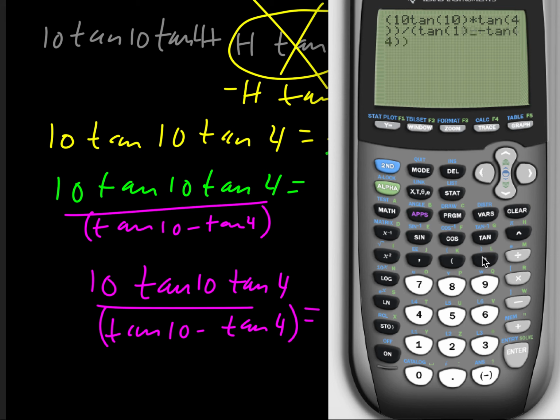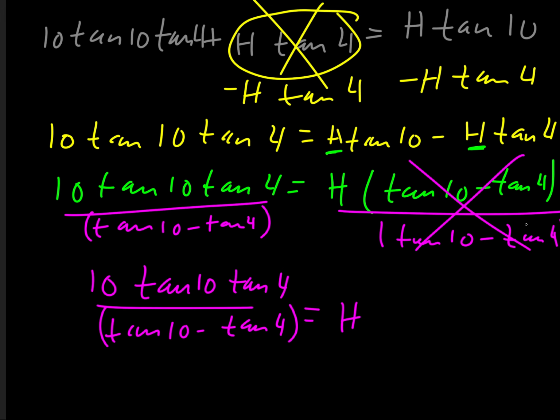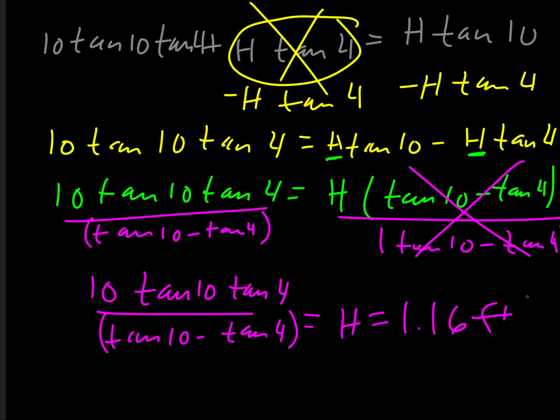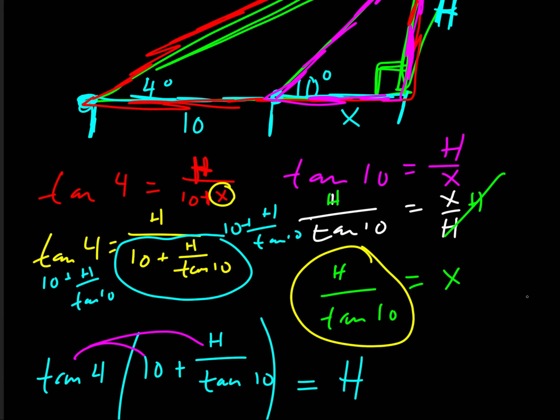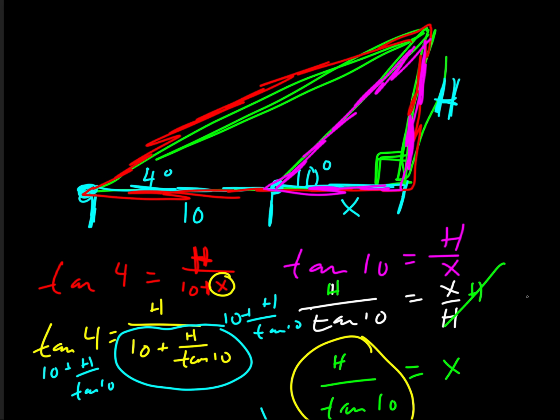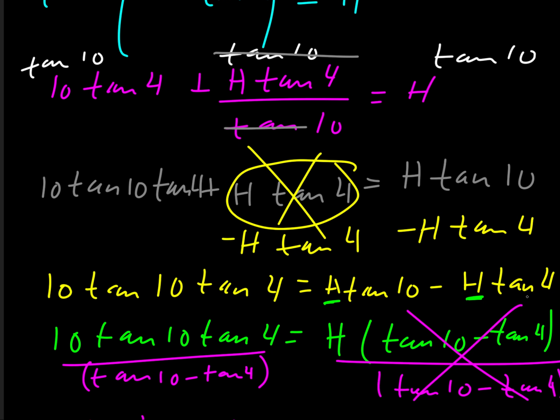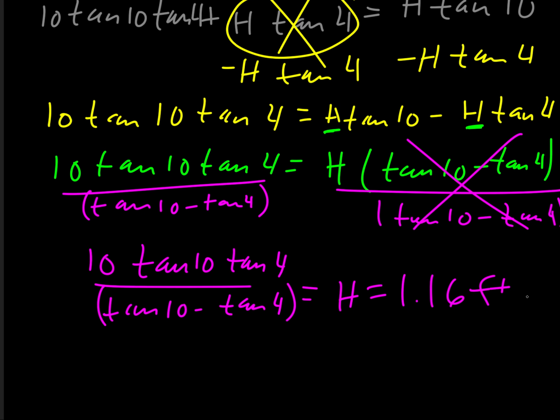Nope, wrong spot. Enter, and after all that, our mountain is only 1.16 feet tall. So it's not so much a mountain, but anyway, that algebra was a little bit crazy.